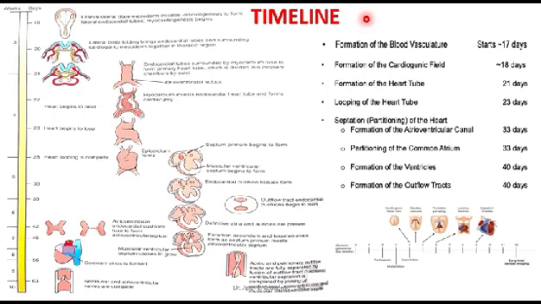This development involves mainly the formation of the blood vasculature, which is called vasculogenesis, followed by angiogenesis, wherein the heart tubes are formed, and by ongoing folding of the embryo, the craniocaudal as well as the lateral foldings, there is shifting of the heart tube and the 2 endocardial tubes being joined to form a single heart tube.